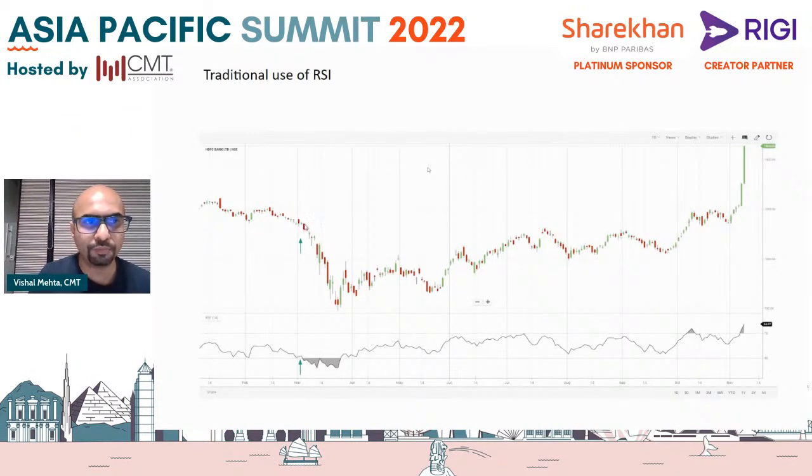Now, if you would have bought HDFC Bank when it went into an oversold zone of 30, the stock just kept on going down, down, down, and the oversold became more oversold and more oversold. So maybe you want to change your thought process and wear a different hat. It's like a train coming at me at full speed from this side. I cannot put my hand out and say, boss, now you stop.